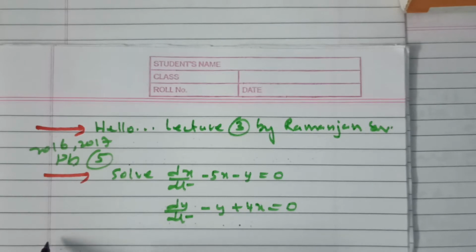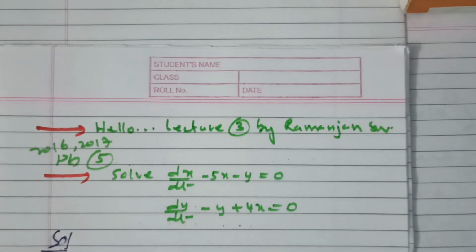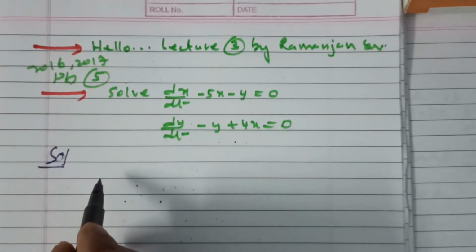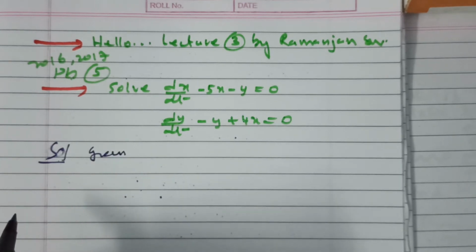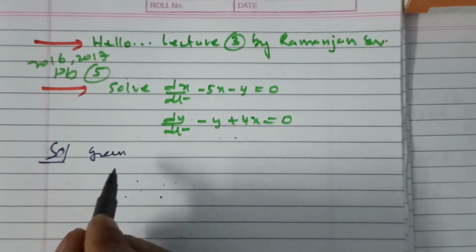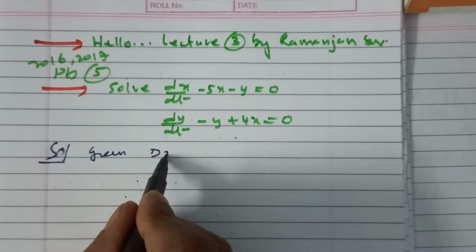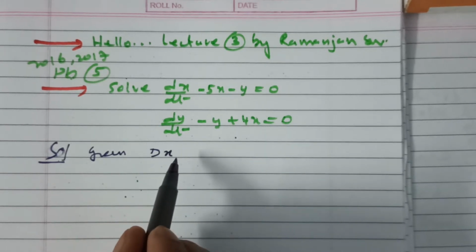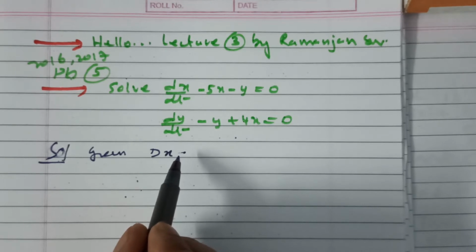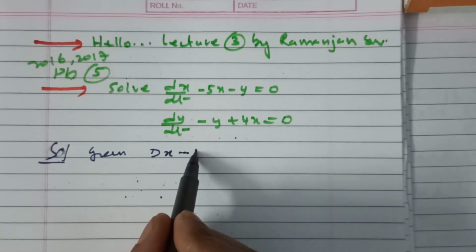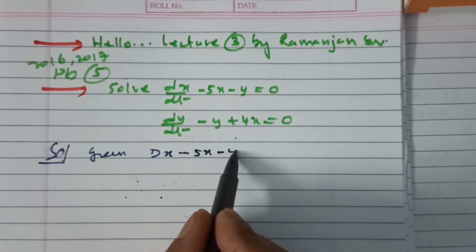Solution. Given dx by dt minus 5x minus y is equal to 0.